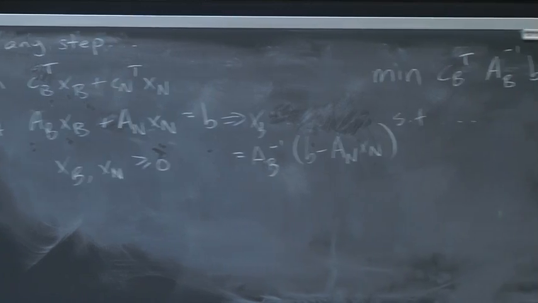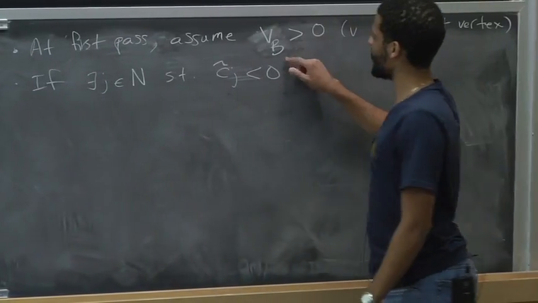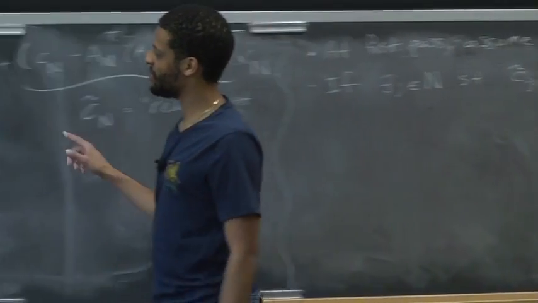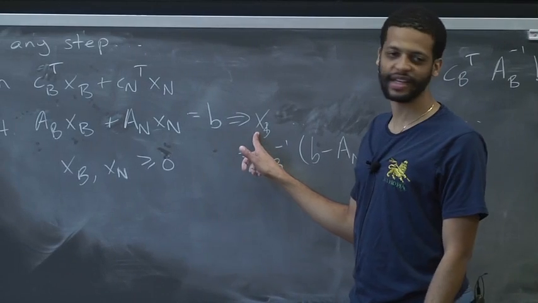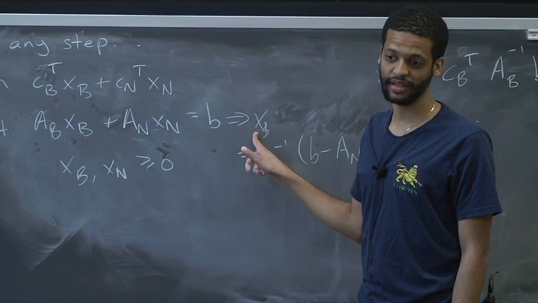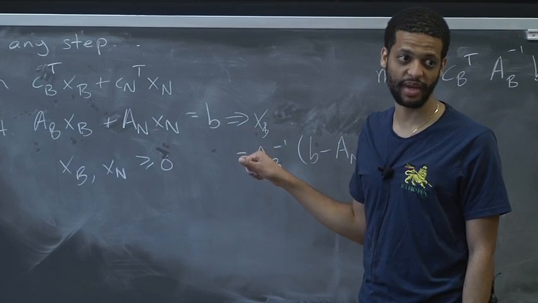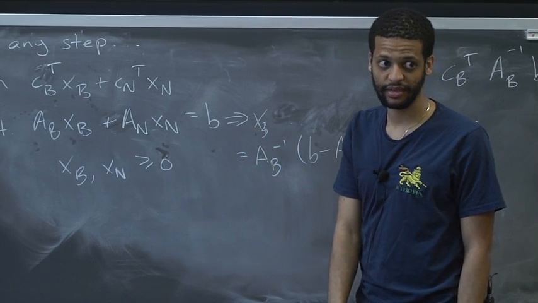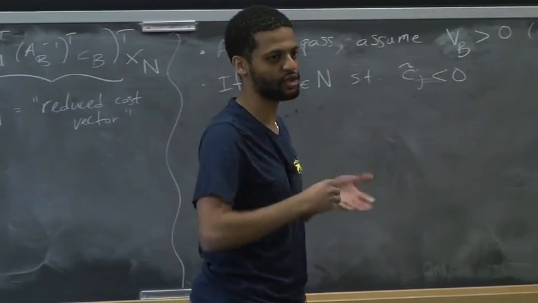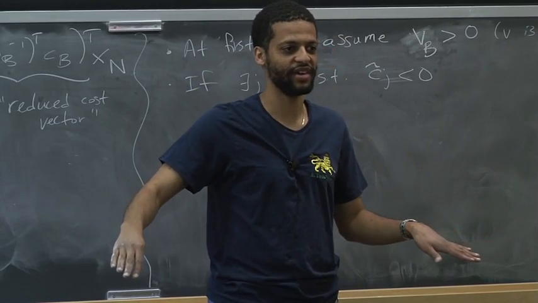Okay. So if I take this vertex and I start incrementing the jth coordinate, and j is in capital N, what that means is I'm implicitly adjusting some of the variables that are also in B. And so some of them are going to start maybe decreasing. Right? And I can only increment this jth coordinate a certain amount before one of them becomes 0.